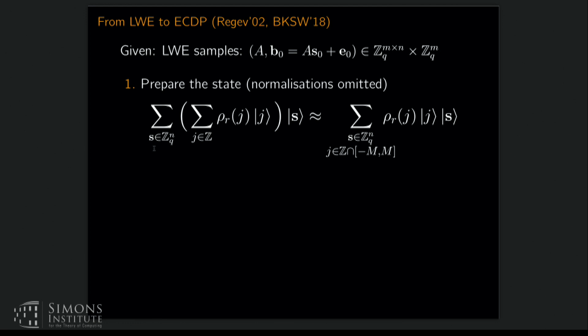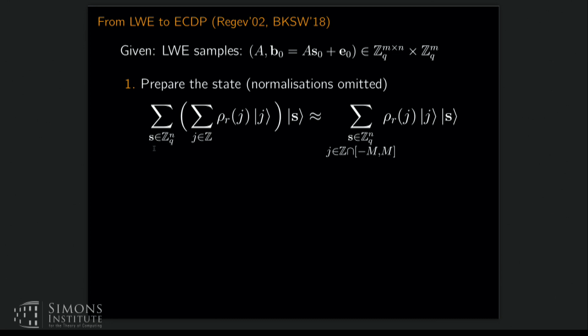One thing to observe is that, as in the classical world, I can truncate my Gaussians by saying, okay, at some point the weight for large J's is way too small, as a Gaussian would behave. So I just cut the tail of the Gaussian, and I arrive at this nice state. Right. So this state is easy to prepare.